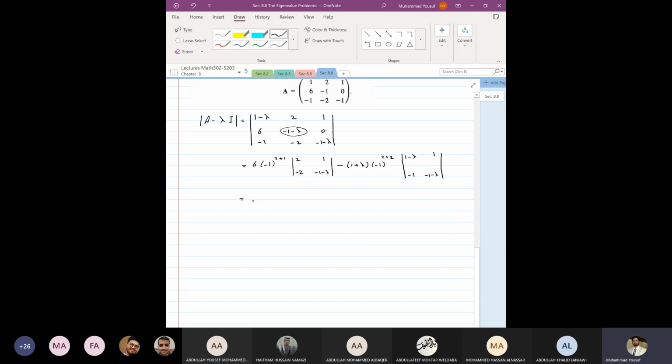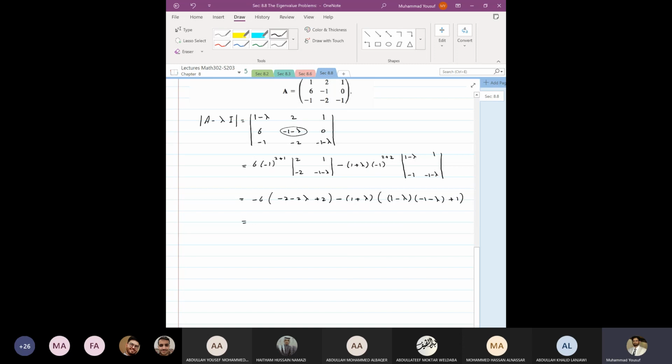Okay, this is negative 6 bracket minus 2 lambda minus plus 2. Here is a minus of 1 plus lambda, minus 1 power 4 is 1, and then inside the bracket is 1 minus lambda multiply minus 1 minus lambda and minus plus 1 here.